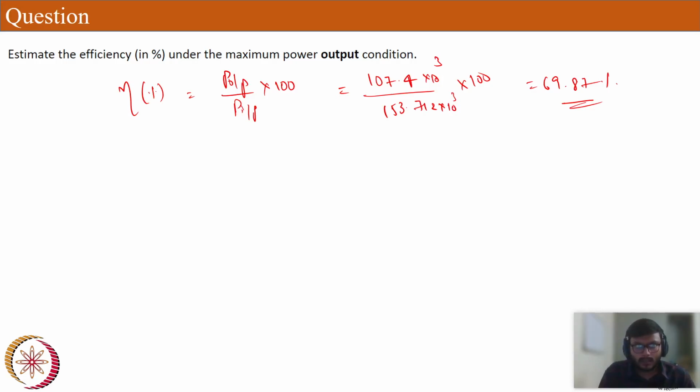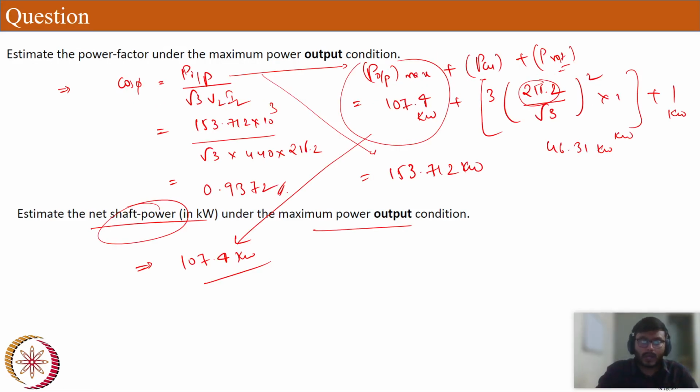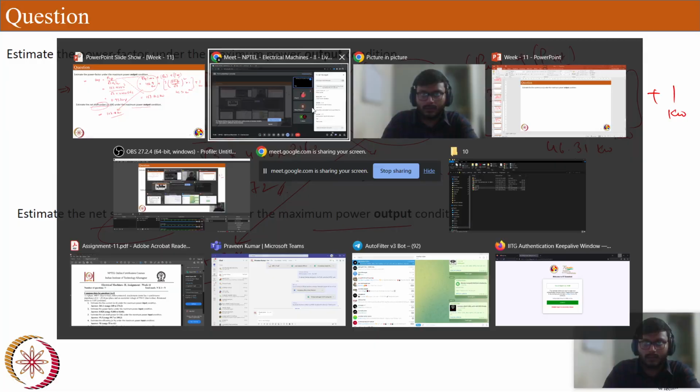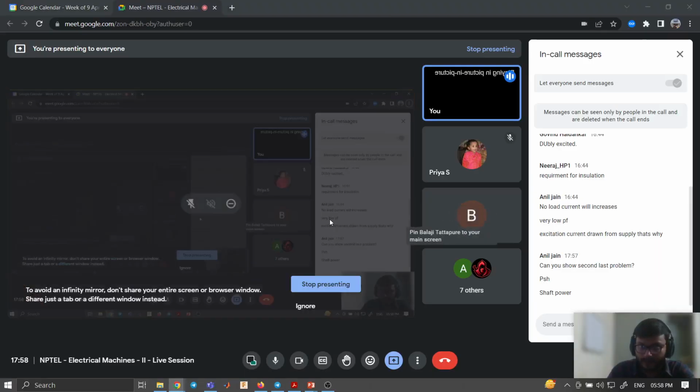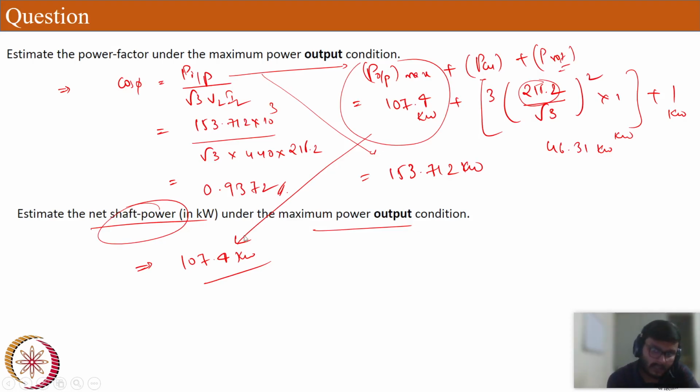The same kind of problem will be there in the generator part. So you are asking for this problem, shaft power. Yeah, shaft power is nothing but the output power. So we have already assumed the condition for the maximum shaft output power. It's the same thing.